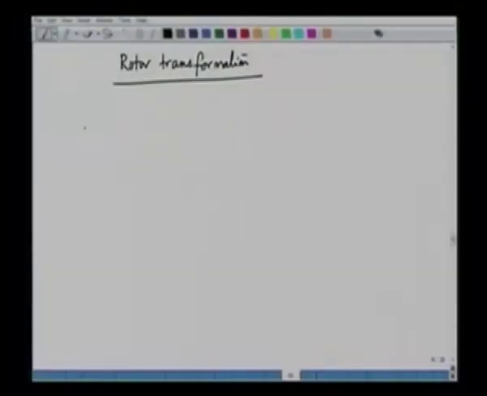So, we can write down here NR IDR equal to constant k into NR IAR cos theta. We are equalizing the MMFs in the D axis.